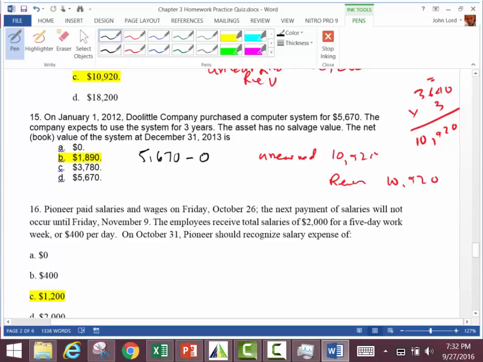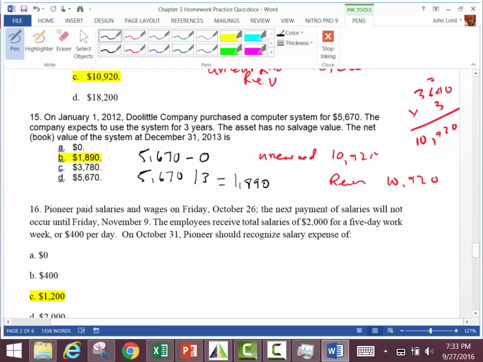Okay, so our depreciable base is the 5,670. I divide that by how many years? 3 years. 5,670 divided by 3 is how much? 1,890, you say? Okay, good.